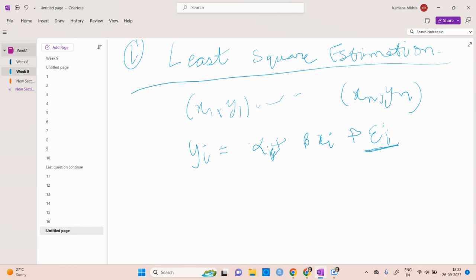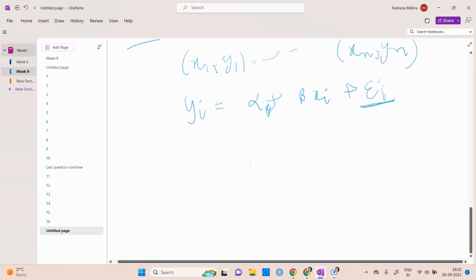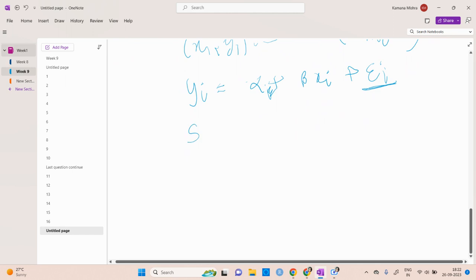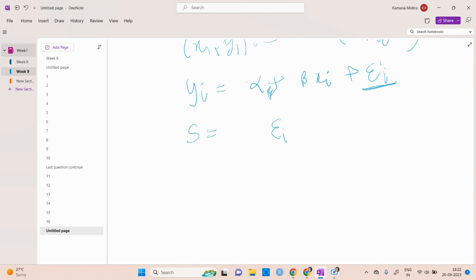If the error is 0, then we have found the best fit. So this is least square, the least squared error, and we want to minimize it. This error we can further write in the form of the sum of yi minus alpha minus beta xi, whole squared.